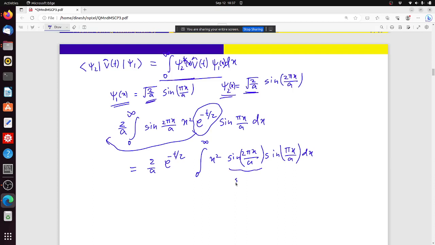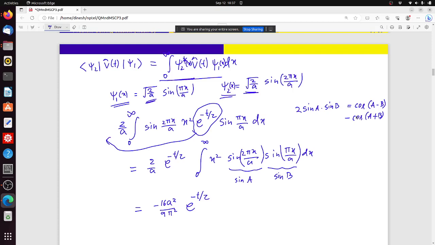You can take this as sin A and sin B, then apply the formula sin A sin B as cos of A minus B minus cos of A plus B. It's pretty standard. You can apply this, and finally you will get the answer as minus 16 a square over 9 pi square e to the minus t over tau.